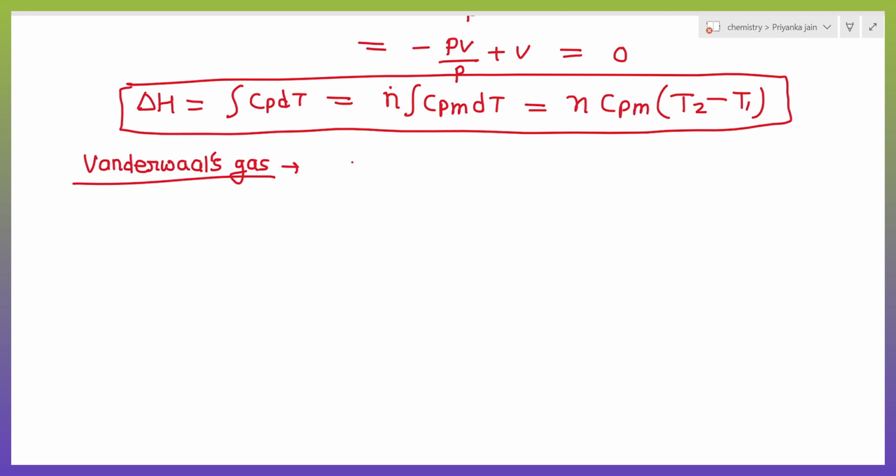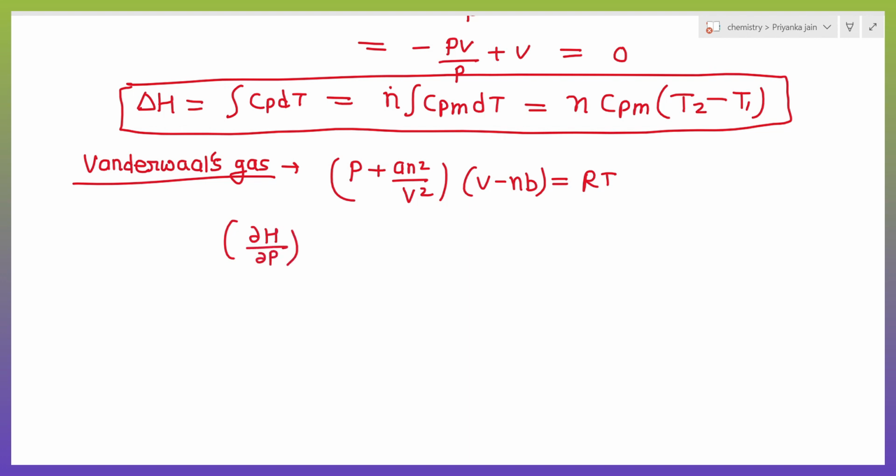See here, the van der Waals gas equation is P plus an squared upon V squared, times V minus nb, is equal to RT. You can use this equation and find del H upon del P at constant T is equal to V minus 2a upon RT.